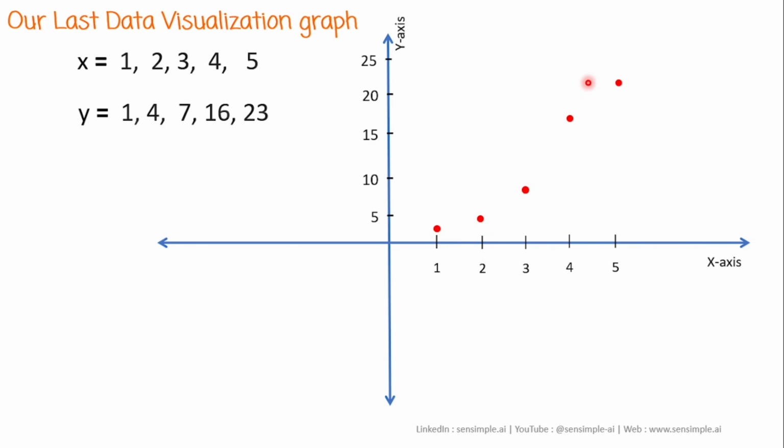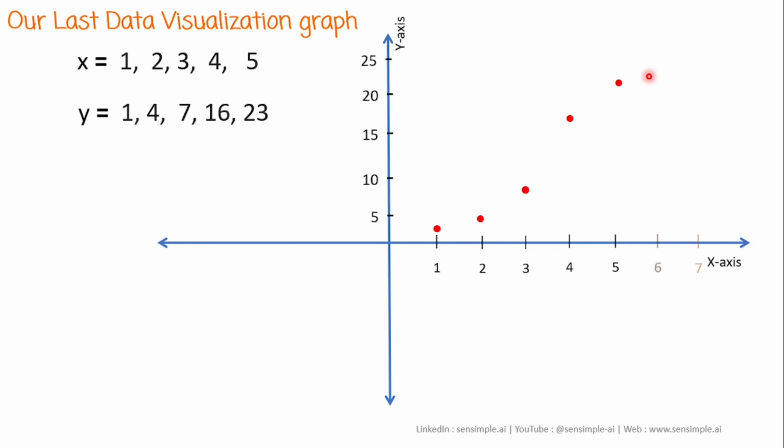Let's say, what will be the value of y when x is 6 or when x is 7? Now we do not have the real values of 6 and 7 for x and y, and this is what we want to predict.